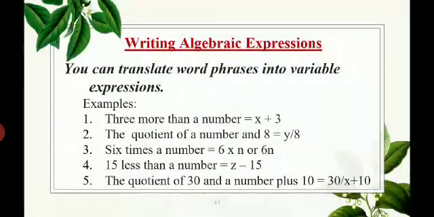So the quotient is y over 8. 6 times a number means 6 multiplied by a number, which should be any alphabet A, B, C, like here I have written N over there. 15 less than a number, so the number should be from the alphabet, which is z. I have written it over there, less than means minus 15. The quotient of 30 and a number plus 10, so it is 30 over x plus 10.